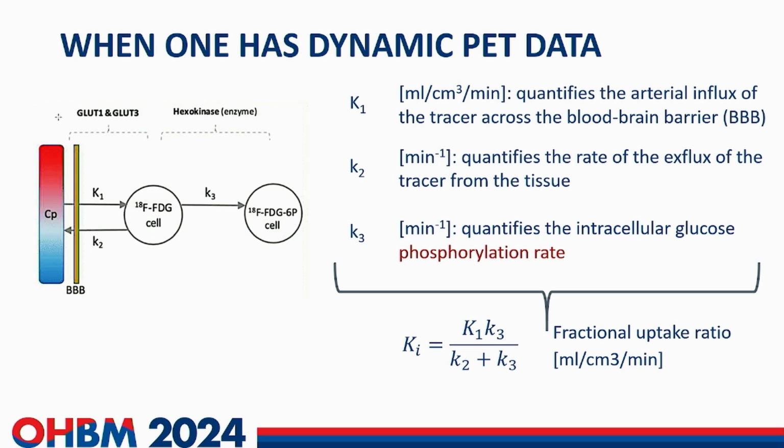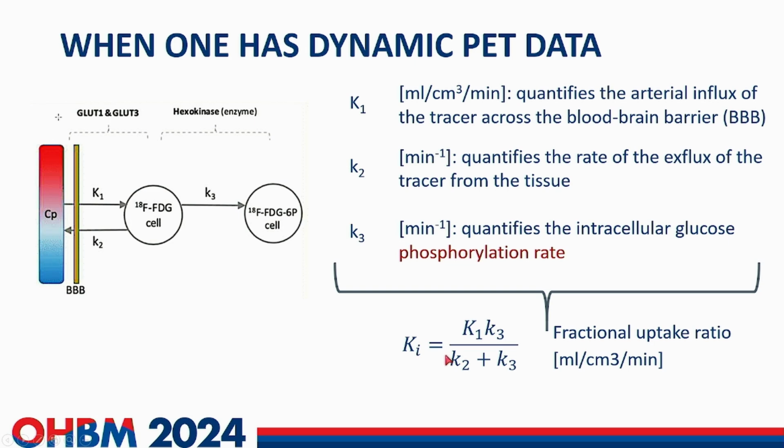K3 now quantifies the intracellular glucose phosphorylation rate, the first step of glycolysis. And we can also derive a macro parameter called Ki, a combination of three parameters, also called fractional uptake ratio. This macro parameter is sensitive to a modification of K1, K2, or K3.